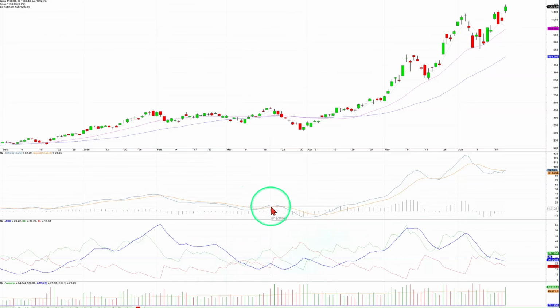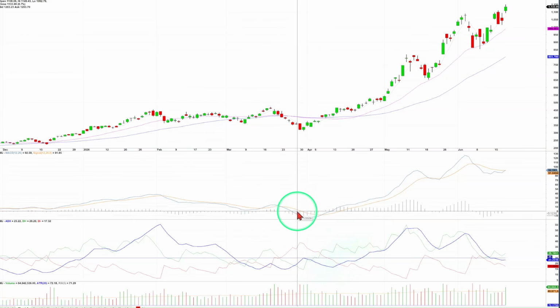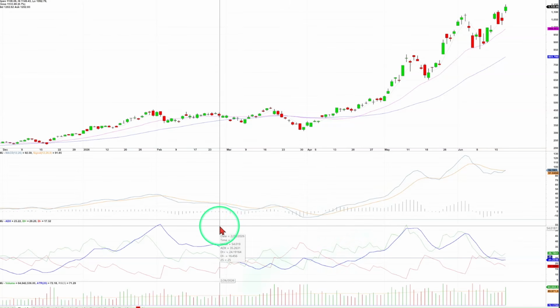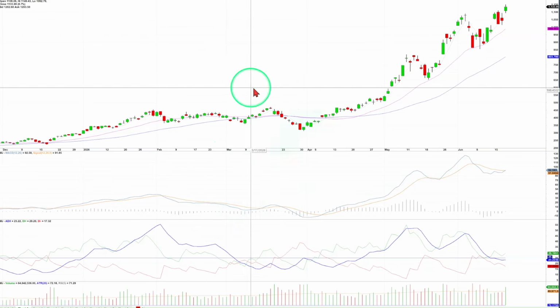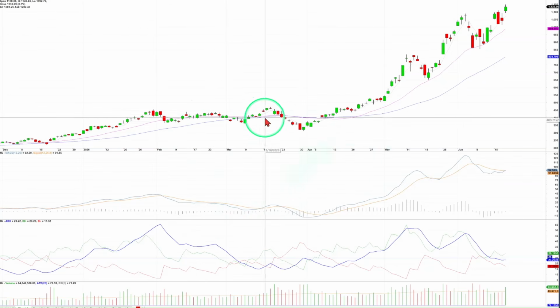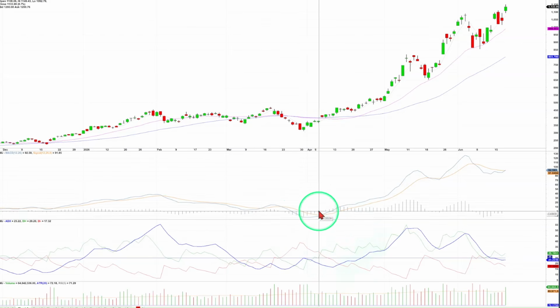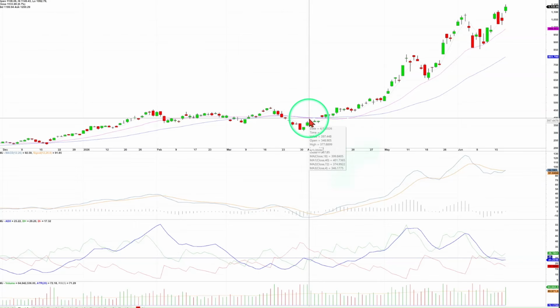We're kind of in a neutral camp, and even here where it drops down below, and it's turning more on the negative side when it's below the zero line and the MACD is below its signal line, we still have a neutral pattern here. So again, we want to evaluate it in reference to where we stand with the price structure.